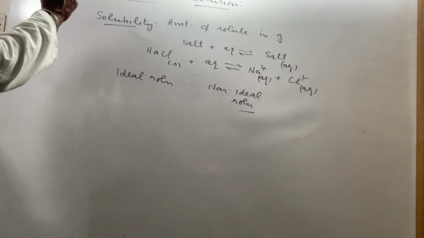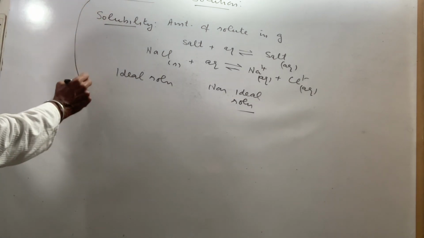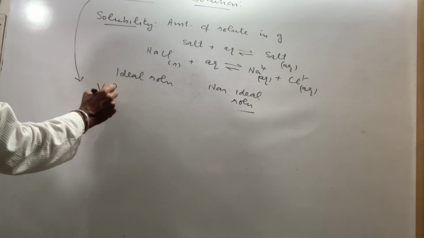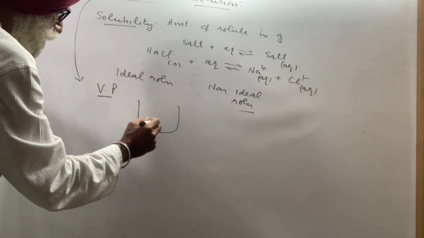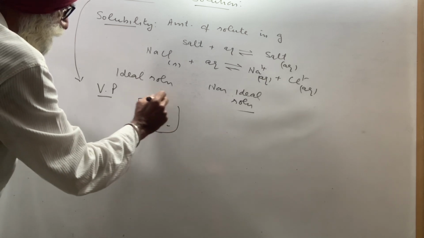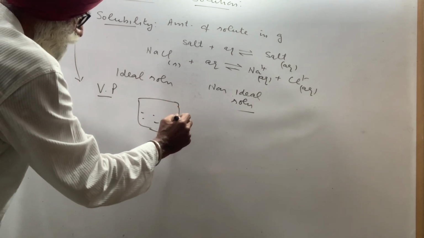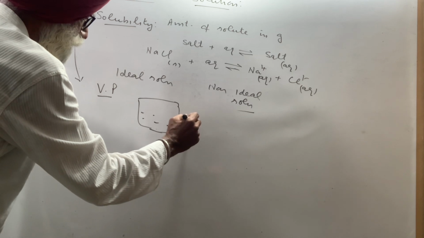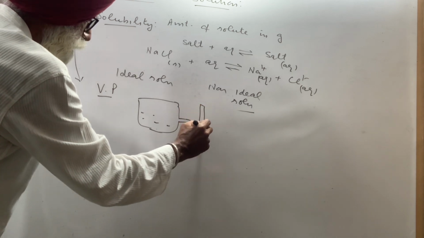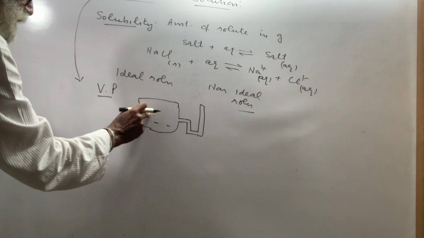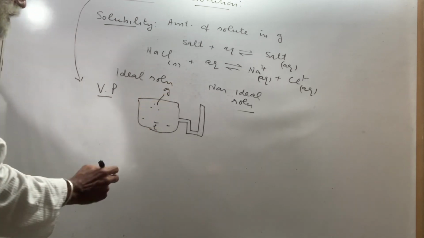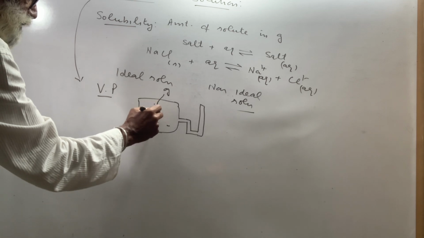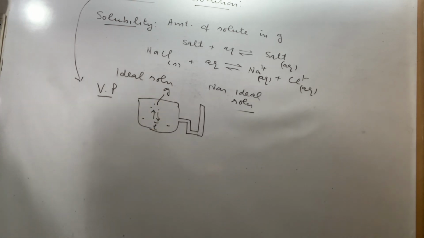In order to understand this, first of all, we should know vapor pressure. Suppose you are having liquid here. It's a closed vessel, and here we have got a manometer tube. So naturally in this case this is liquid, here you are having gas. This liquid is changing into gas and gas is condensing into liquid.